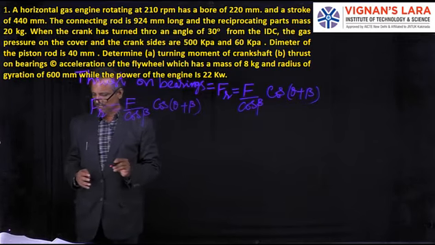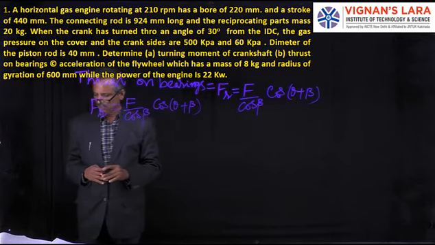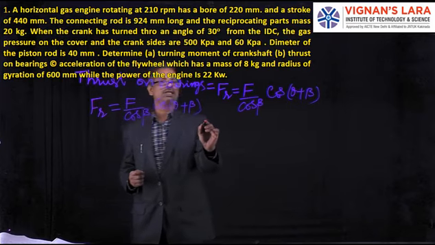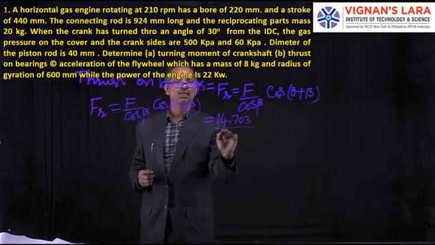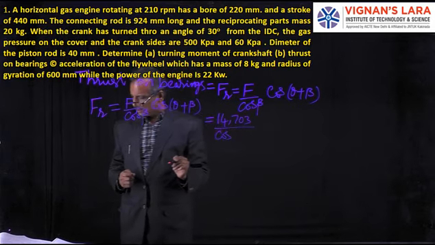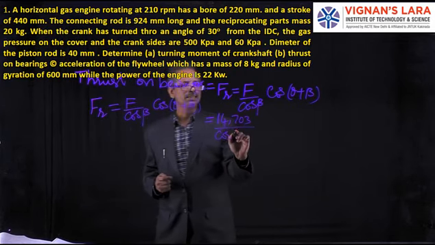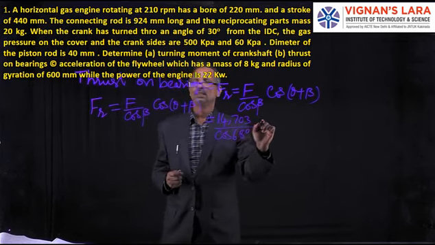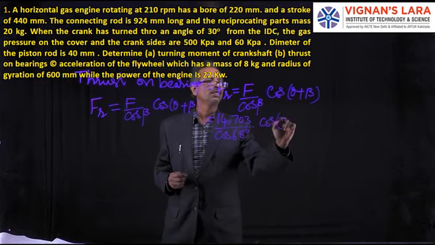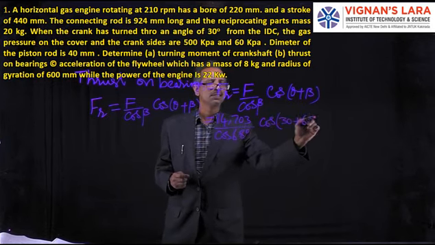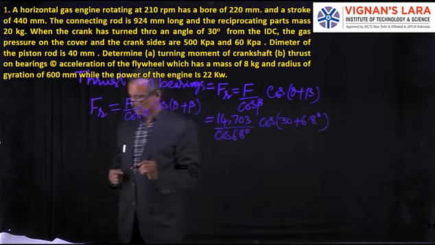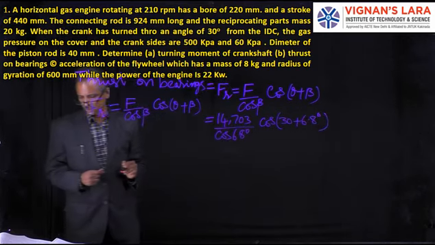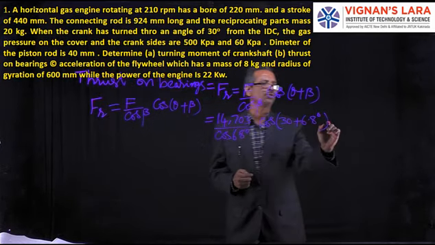Just now we have seen the value of F, which is 14,703. Then cos beta, cos 6.8 degrees. Then cos theta, 30 plus 6.8 degrees. So that gives the thrust on the bearings, 11,852 Newton.